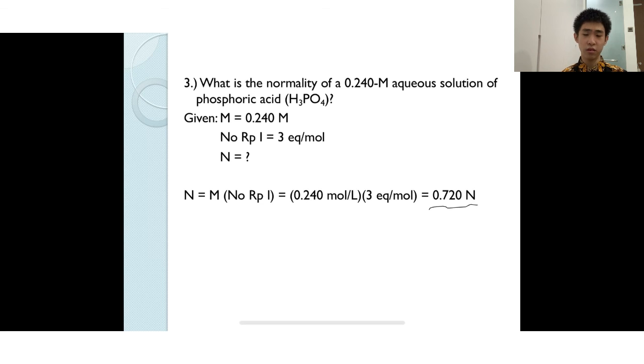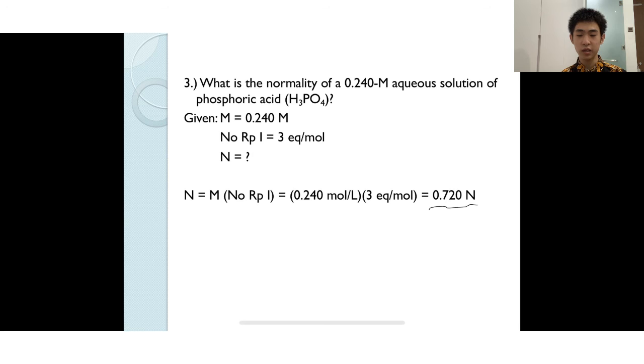Number 3. What is the normality of a 0.240 molar aqueous solution of phosphoric acid? So the number of replaceable ions is 3 equivalents per mole, because it is H3PO4, and we need to find the normality.